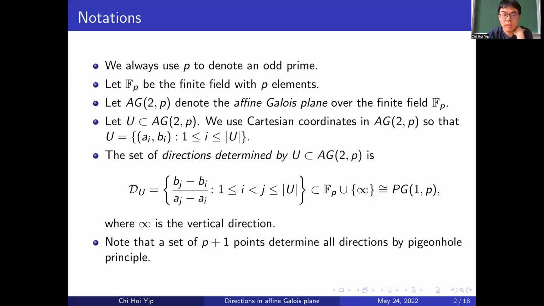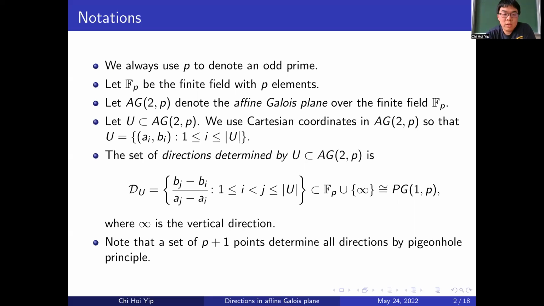Formally, they are defined to be the quotient of the difference of the y coordinates and the difference of the x coordinates. It could be an element of FP, or it could be a vertical direction if we have two points on a vertical line.